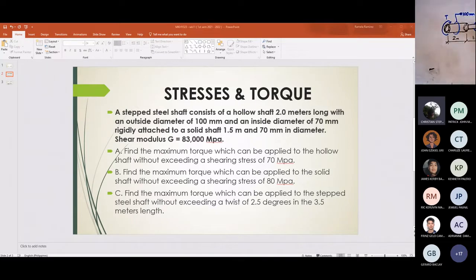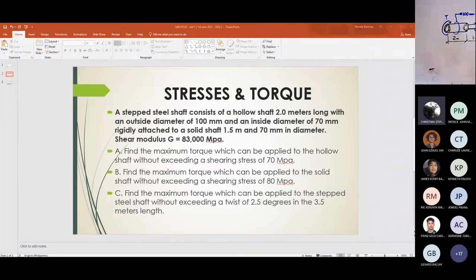Okay. So ito yung first question natin, maximum torque. Tapos ang second question natin, within the coverage pa naman nung camera yung sinusulat ko. Okay. So ang shearing stress natin doon sa pangalawa is 80 megapascal.